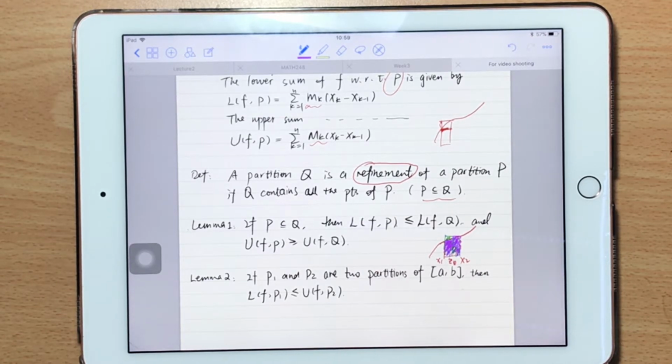Now P1 and P2 are two arbitrary partitions, and you don't know which one is the refinement of which one, or they might not be each other's refinement at all. But what you always need to remember is that no matter how you choose the partition, the lower sum will always be smaller than the upper sum, right?